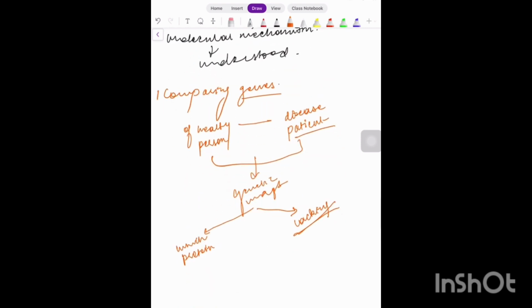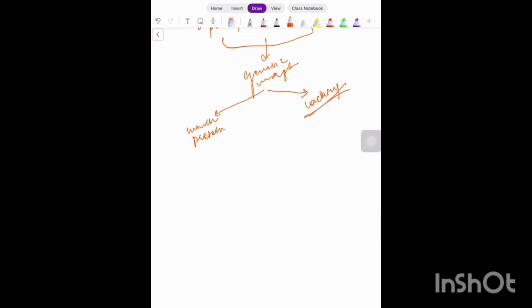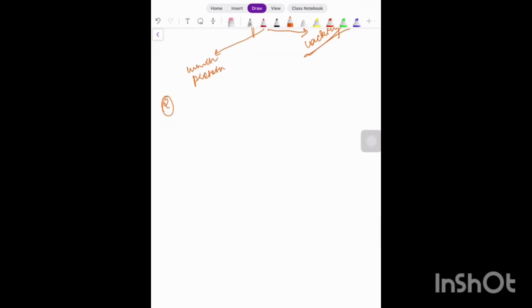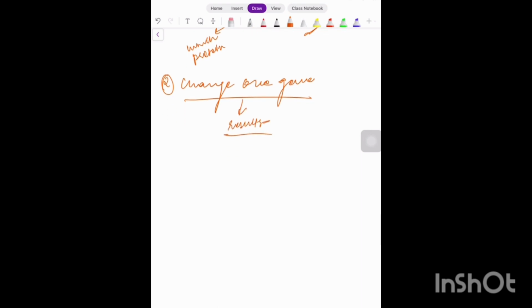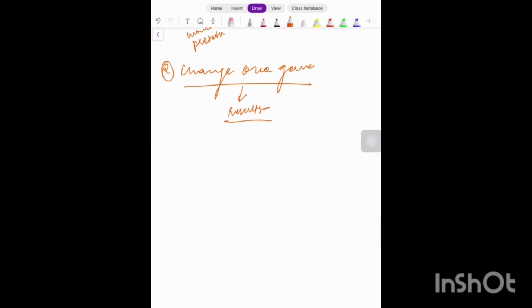Another approach based on genes is to do the opposite: we can change one gene at a time in a cell or a simple organism and observe the resulting effects, the so-called phenotypes of the mutation.